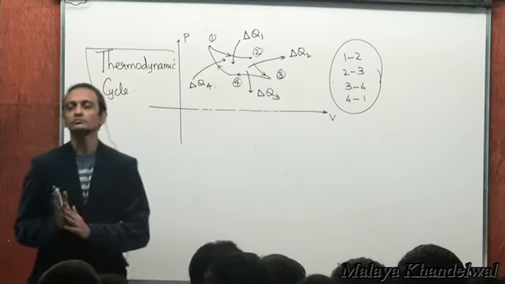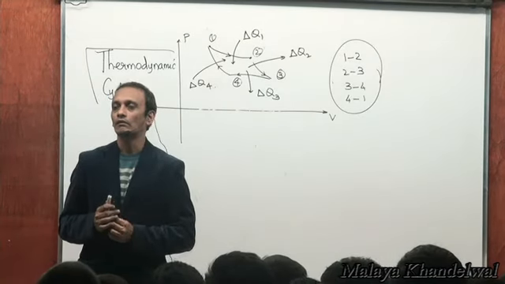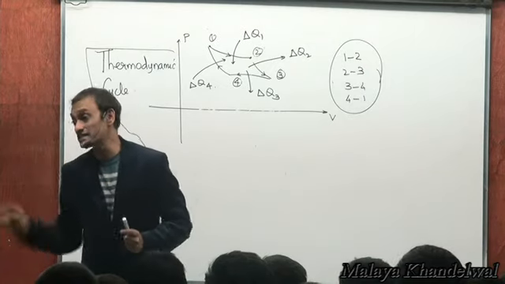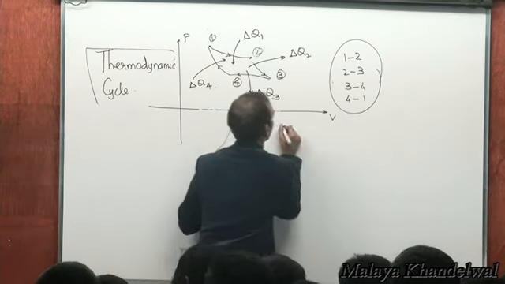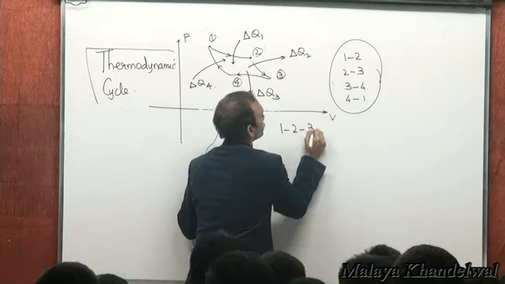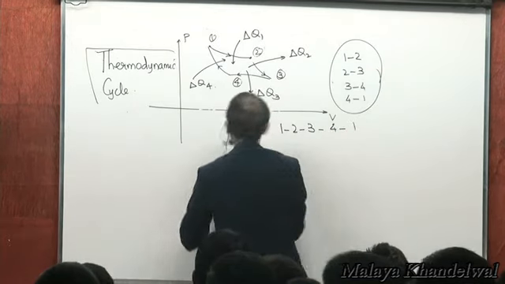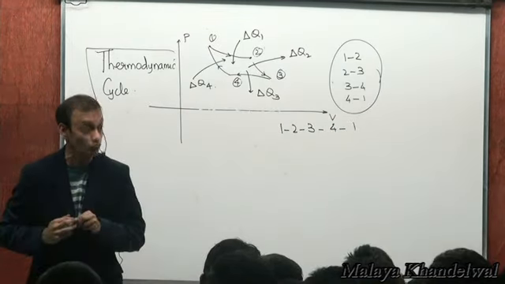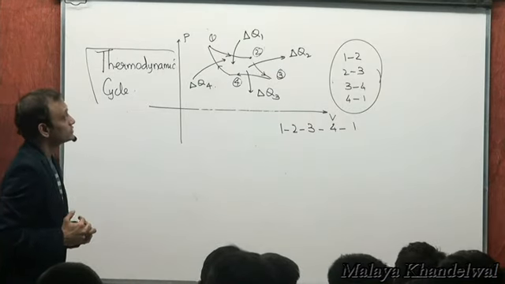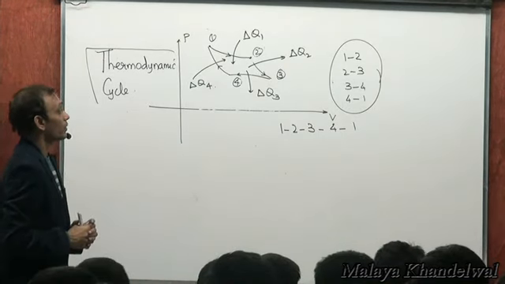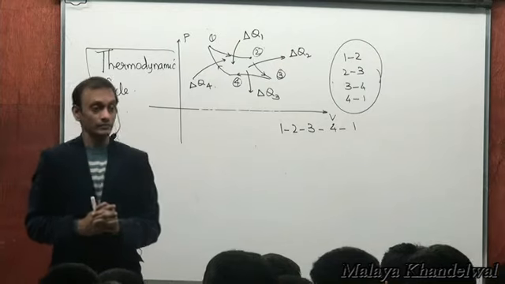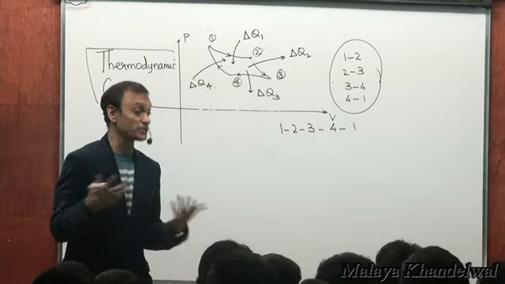Now, when you are executing this cycle 1, 2, 3, 4, 1, then coming back to 1, you are coming back to the same temperature state.